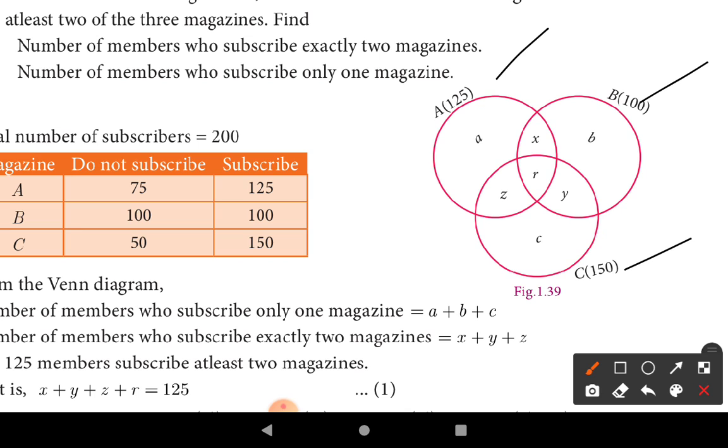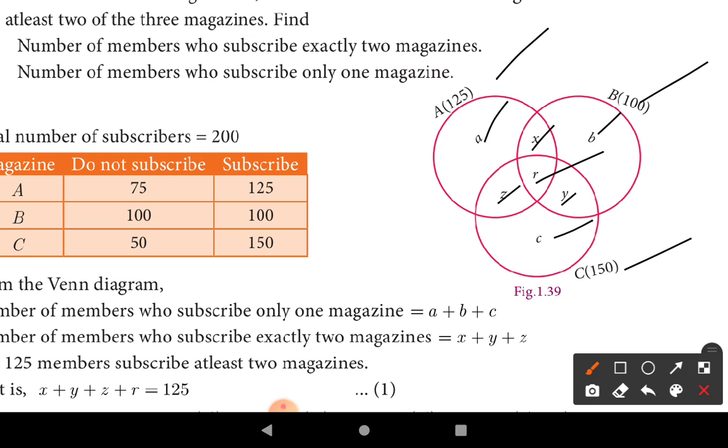Okay, so this A, B, and C are the variables which represent only those people who have subscribed to only one magazine, and X, Y, Z represent those people who have subscribed to at least two magazines, and this R represents those people who subscribe to all the three. Okay, now in the question itself, they have given that at least two magazines are subscribed by 125 people.